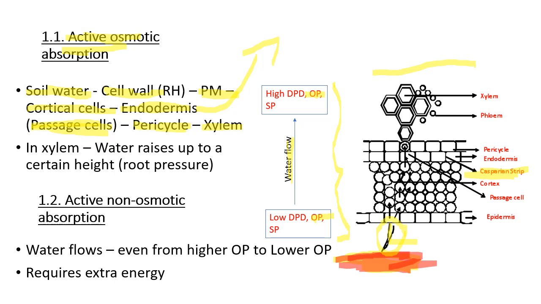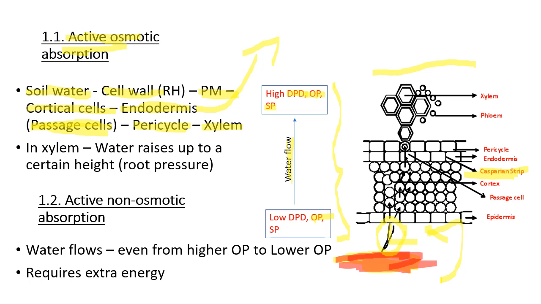So due to this pressure variation, the water will flow from the soil region to the root hairs. This flow of water is facilitated not only by osmotic pressure, but also by the high diffusion pressure deficit and the suction pressure.